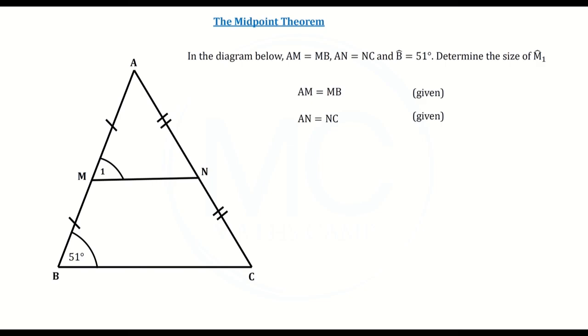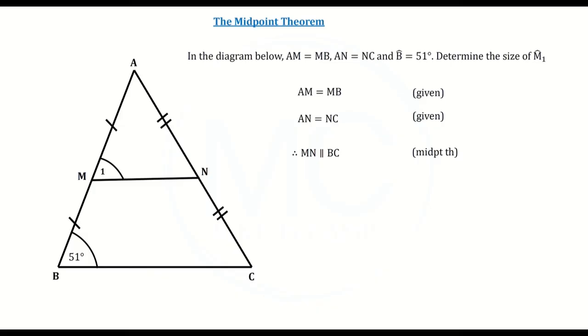So, according to the midpoint theorem, MN must be parallel to BC. So let's make the statement that MN is parallel to BC. And as our reason, we use midpoint theorem.